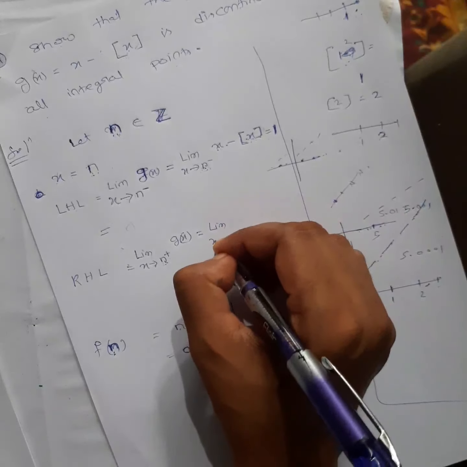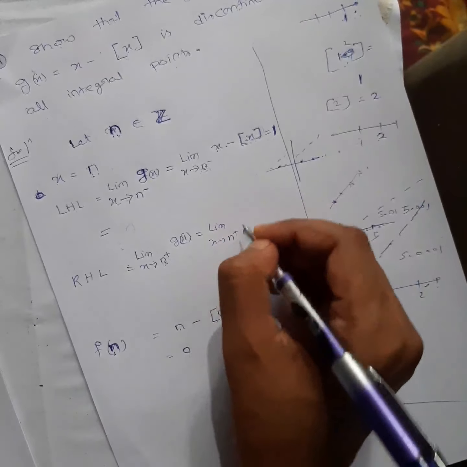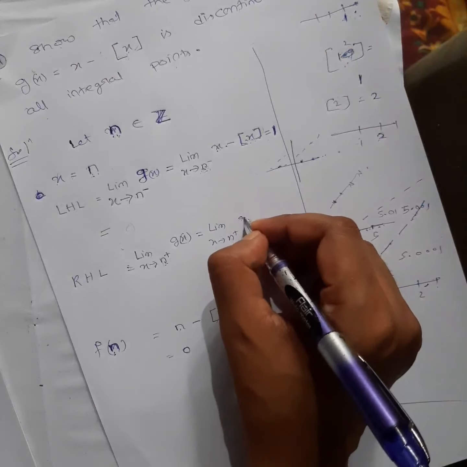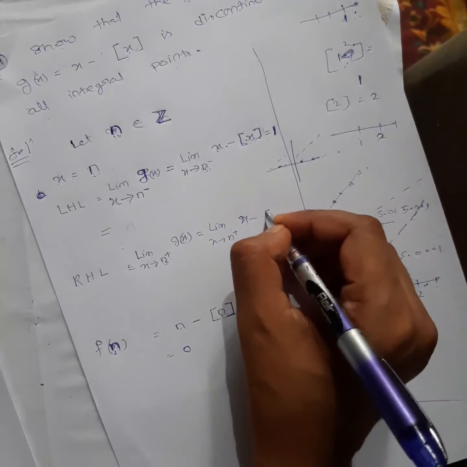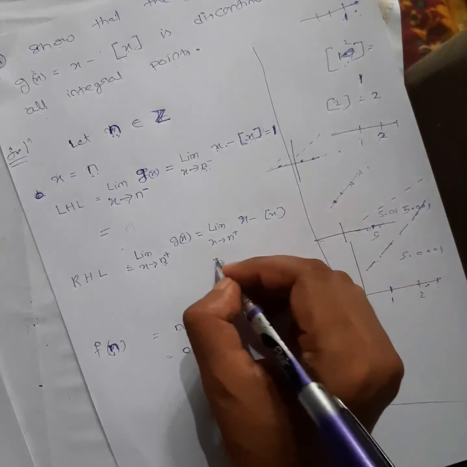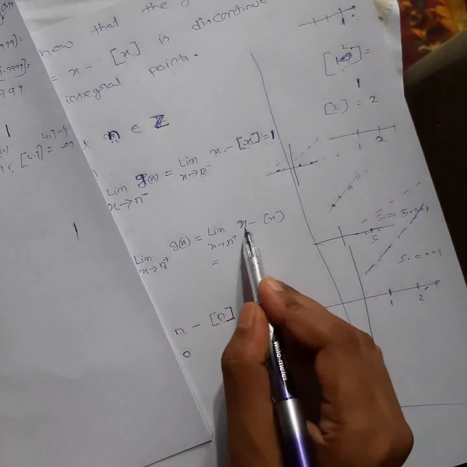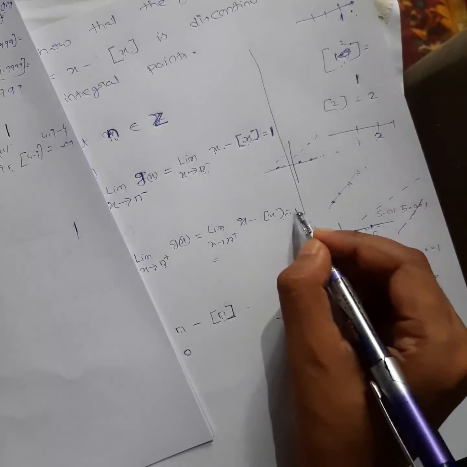Limit x tends to n plus means greater than n you will take, right? g(x) is x minus greatest integer function. So let's find out: n plus means take one integer and try to see what g(x) will tend to.